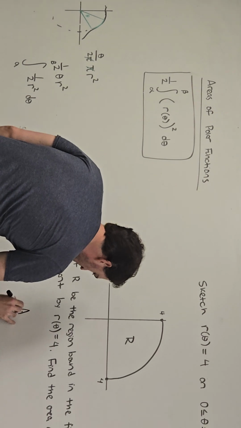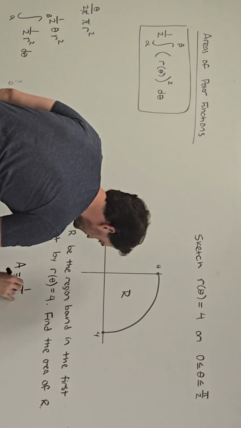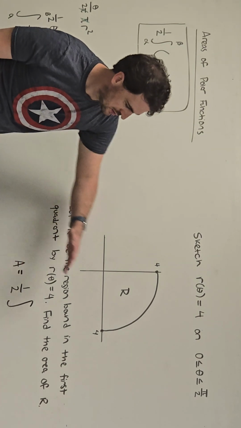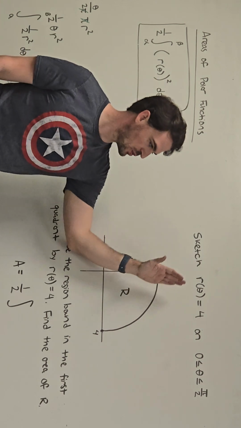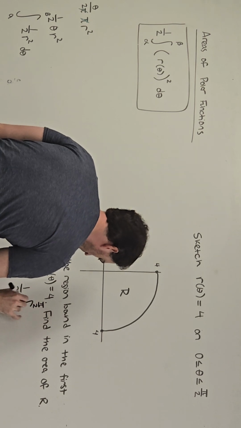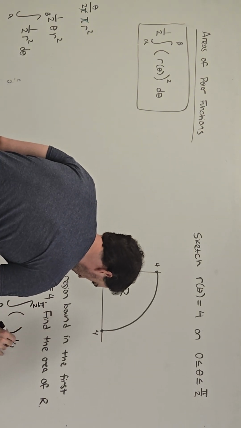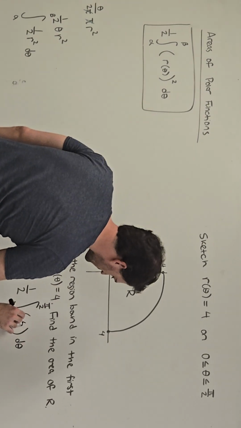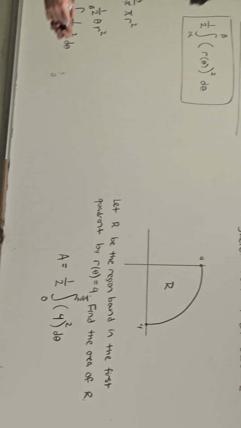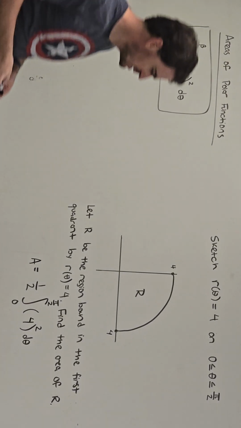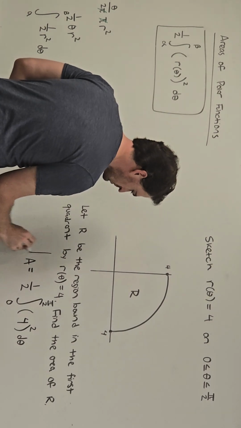So the area is going to be 1/2 the definite integral from a to b, from an angle of 0 to an angle of pi over 2, of r of theta, which is 4. Don't forget the squared detail. So this is the area here, but we will work that out.